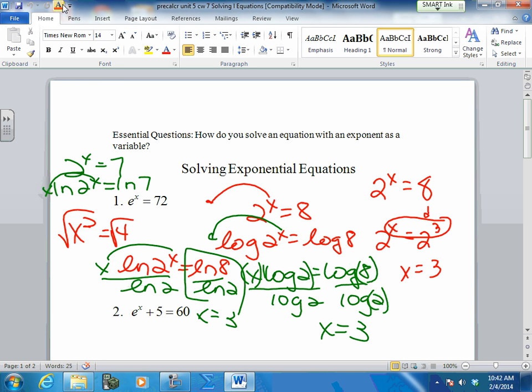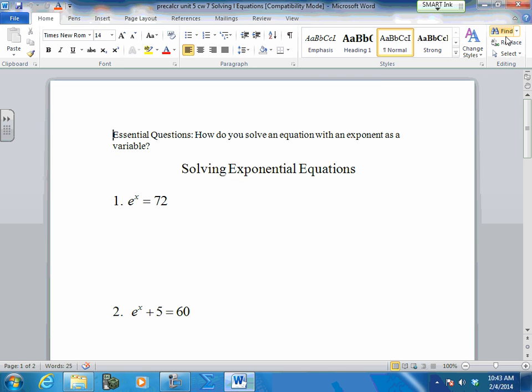What I do is I kind of interchange them so that you can see you can use both. ln, probably one less letter to write. I don't know. Maybe that's why people use ln's more than not. But this is basically why we use your logs, to get the exponent down so we can solve for this.